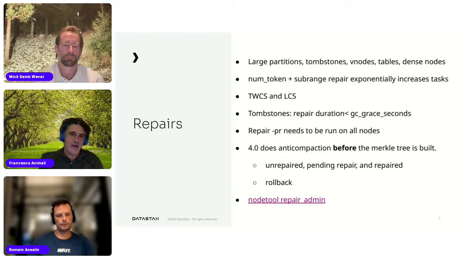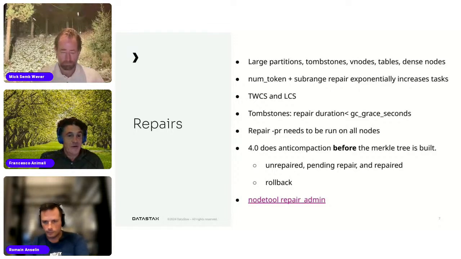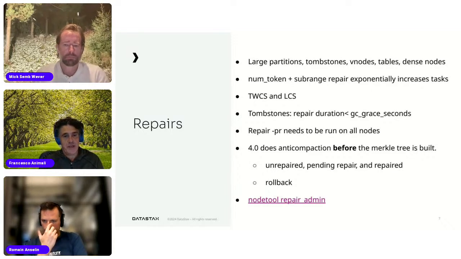So reading a very large partition with a lot of data in that partition will slow down repair. Tombstones will slow down repair. A lot of data will slow down repair and push it above the threshold of the very famous, very important GC grace period, gc_grace_seconds.